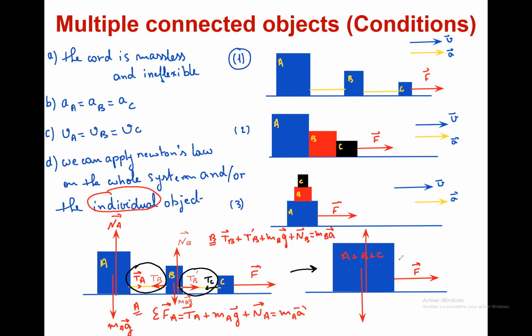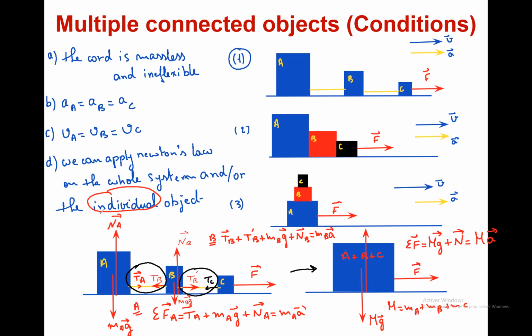We can apply Newton's law. The summation of F on the system equals: the weight Mg of the whole system, where M equals ma plus mb plus mc, plus the total reaction N, equals ma. This is the total equation of the system.